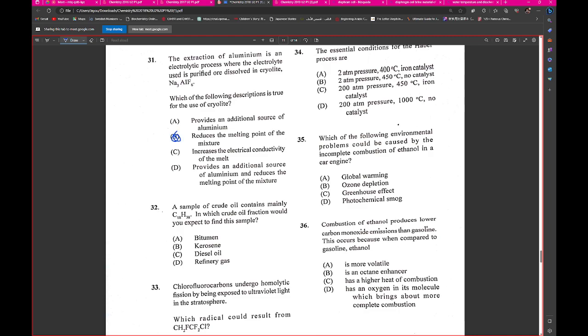Right, if we look at 18 now, what is the answer for that? A sample of crude oil contains mainly that, right? In which crude oil fraction would you expect to find it? Somebody tell me. I was thinking diesel oil.